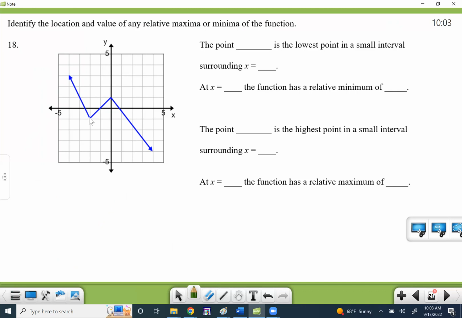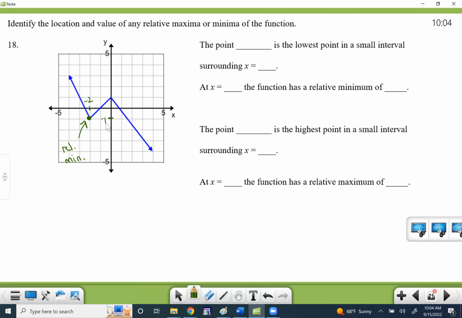Let's label some things right here at this vertex or corner. We have a relative minimum, a relative min. That is located at the X value of -2, and its Y value is -1.